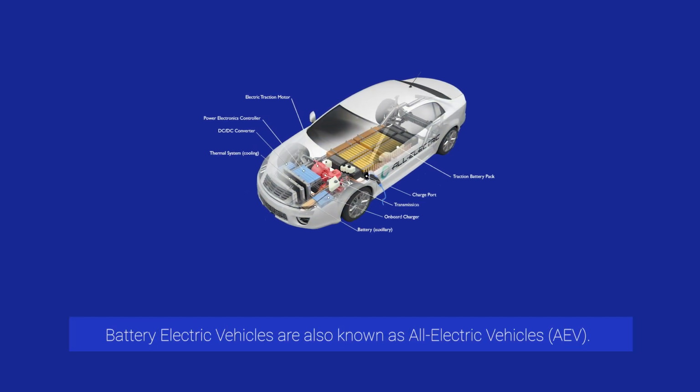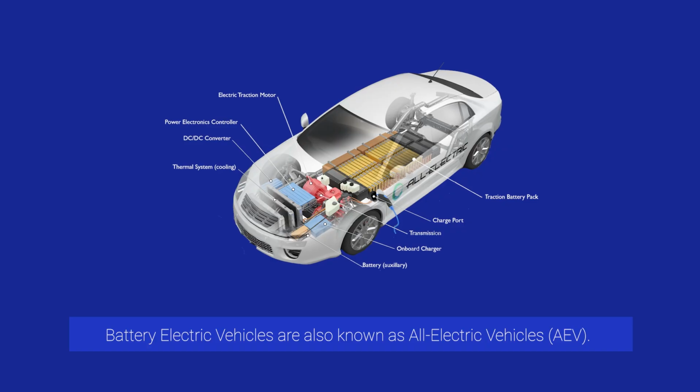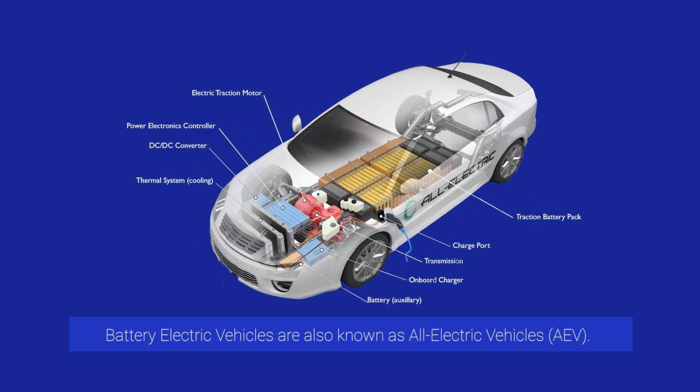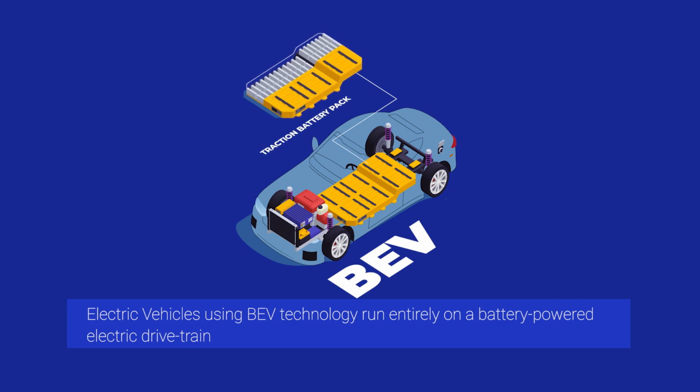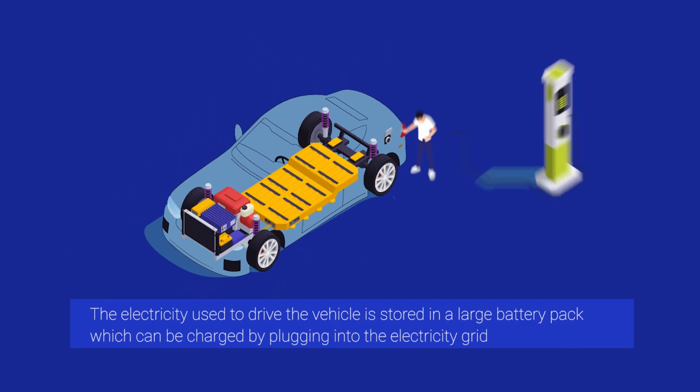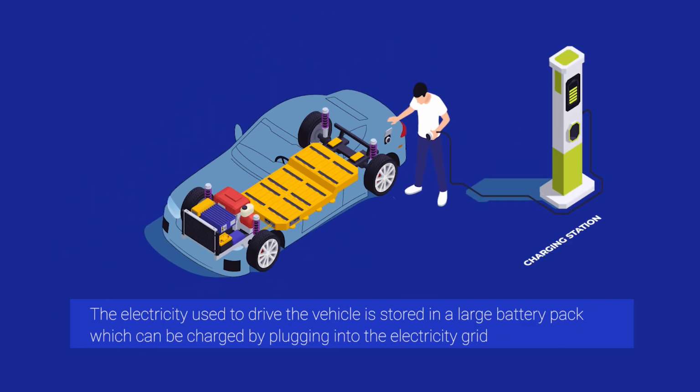Battery electric vehicles are also known as all electric vehicles (AEVs). Electric vehicles using BEV technology run entirely on a battery-powered electric drivetrain. The electricity used to drive the vehicle is stored in a large battery pack, which can be charged by plugging into the electric grid.